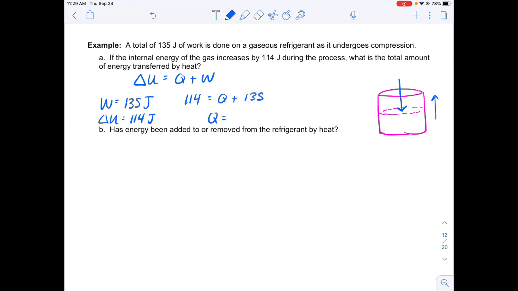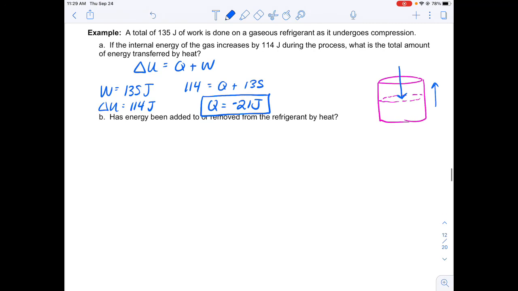And it turns out that Q is, what would that be? Negative 21 joules. Okay, so 21 joules is removed from the gas.